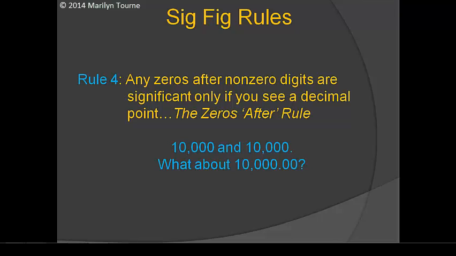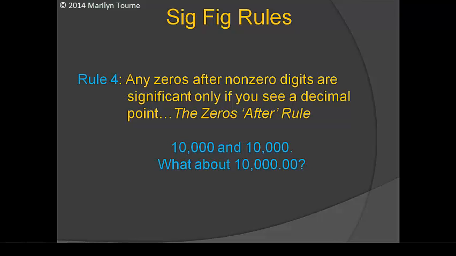So for example, that first 10,000, do we see a decimal point? No, we do not. So how many significant digits does that number have? I hope you said only 1. It's that 1. All the other zeros are not significant. Those zeros are only there to hold the place for the 1 in the 10,000th place.